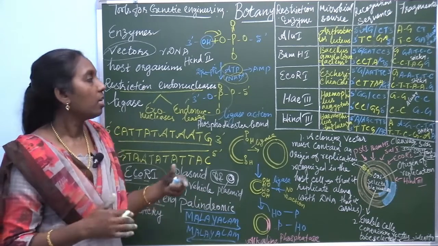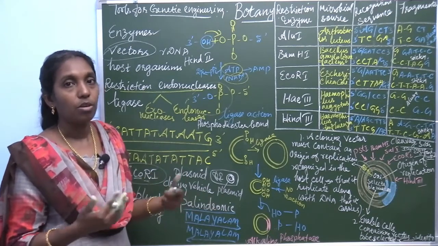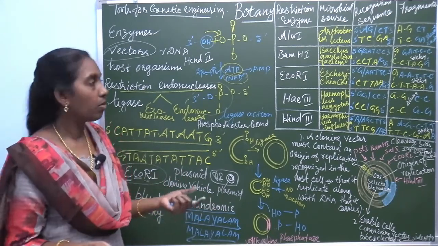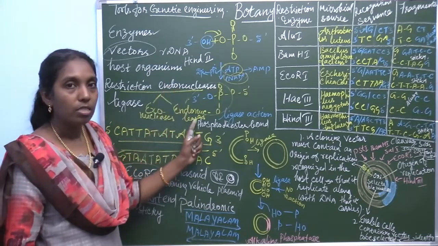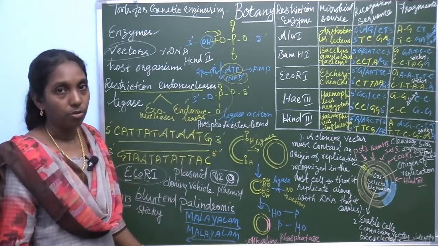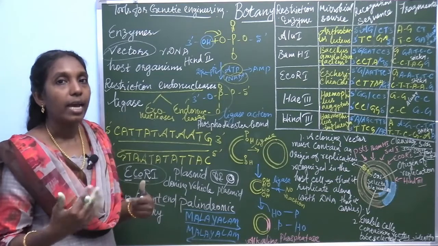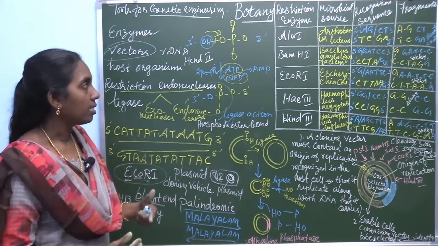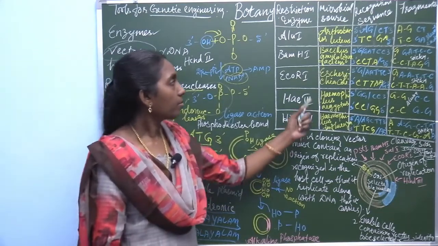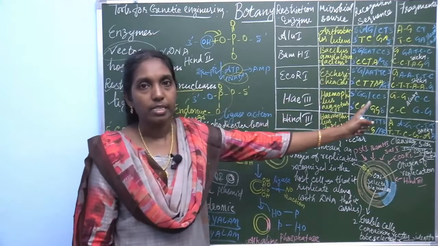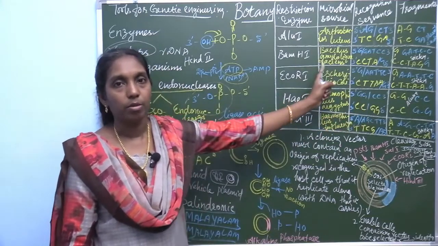Next class you are going to learn different types of vectors. Today you learned restriction endonucleases, how they act as molecular scissors. Then there is a table given in your book.